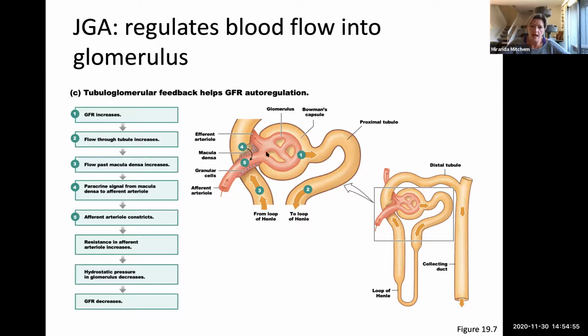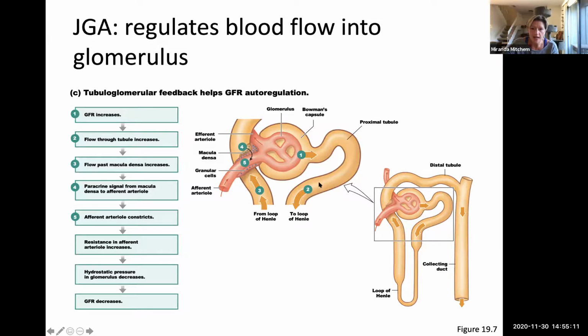So as we have an increase in the GFR for whatever reason, that means there's more blood flowing through the tubule. We're pushing more through because we've got an increase in our filtration rate.